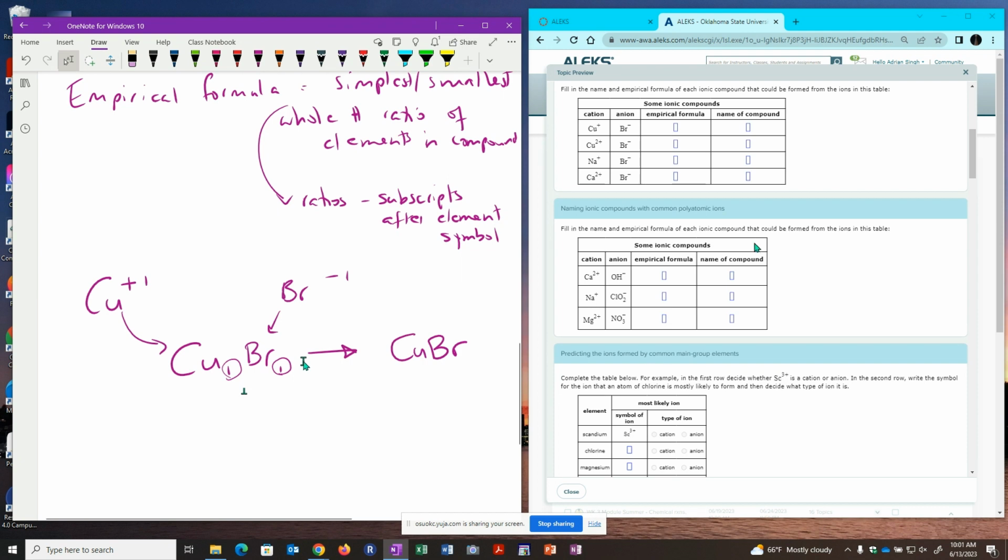That's your empirical formula. And then for the name of these binary ionic compounds, we name the cation first. So Cu is copper. And then the Br minus, Br itself is bromine, but as the last name, we change it to bromide, the IDE. And with the nomenclature, we'll notice that we have copper in there.